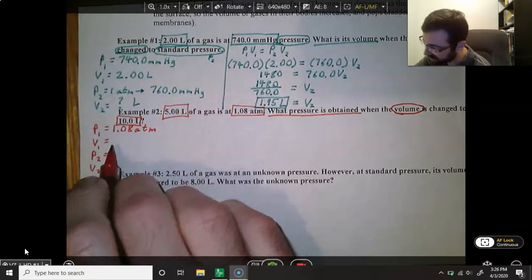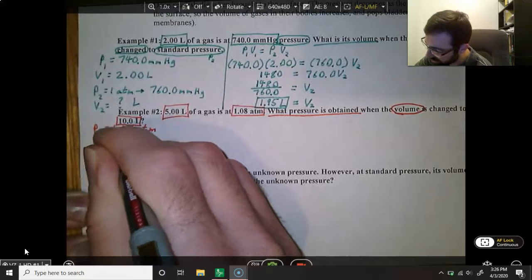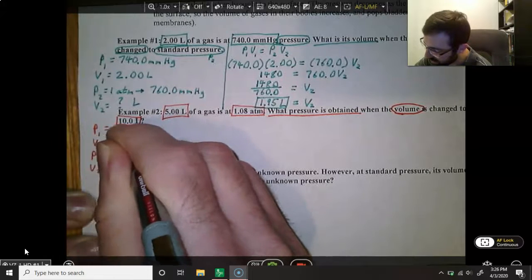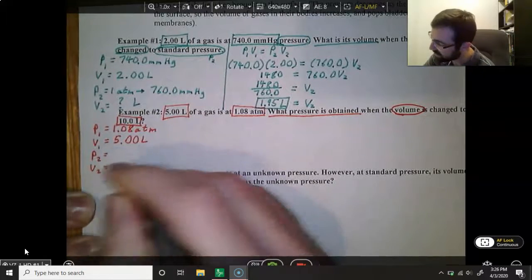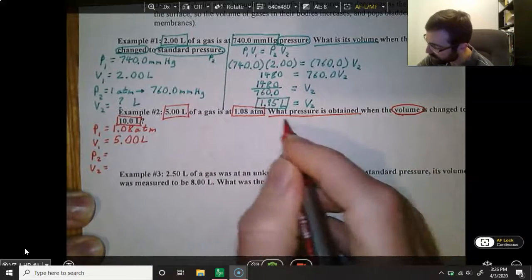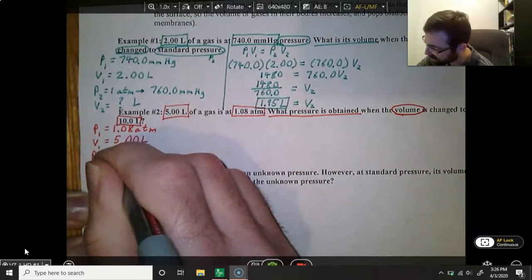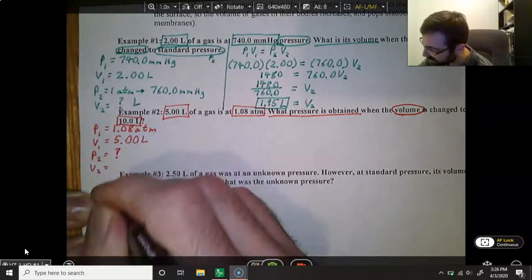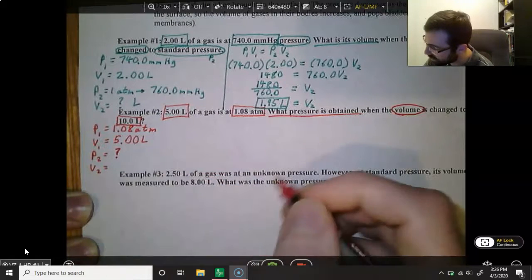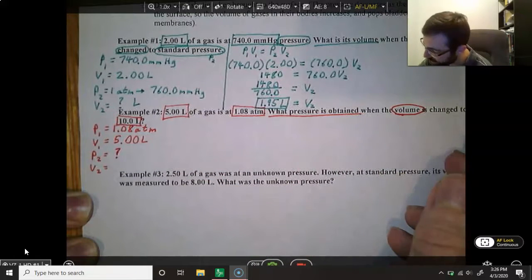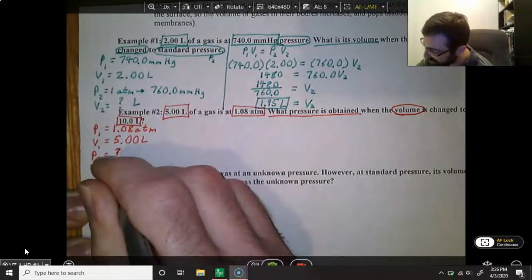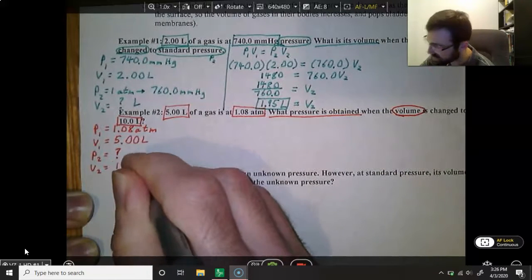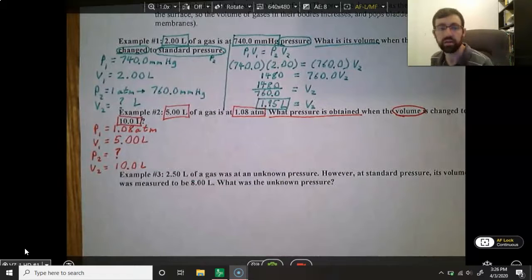My original volume is 5.00 liters. And P2, that's what I'm looking for. So I'm going to put a question mark to just kind of hold my place. And then V2 is changed to 10.0 liters.